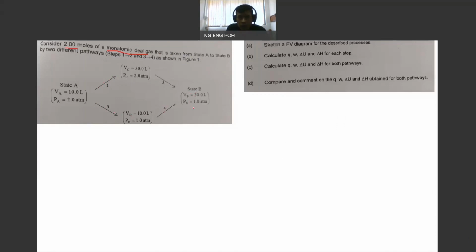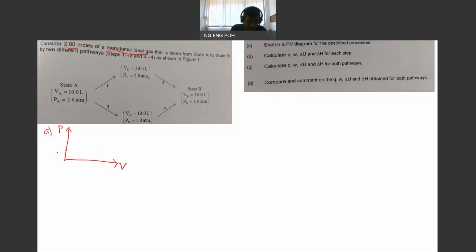Then question 1A, sketch a PV diagram to describe the process. So you need to plot the PV graph. This is your P, this is V, and here you can see the pressure is 2 atm, 2 atm, 1 atm, 1 atm.